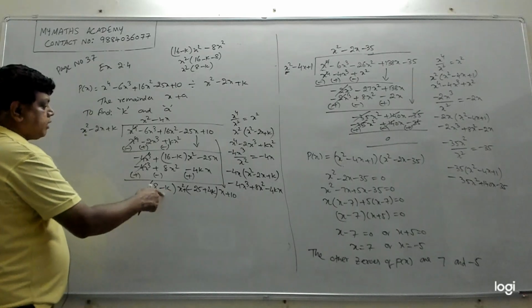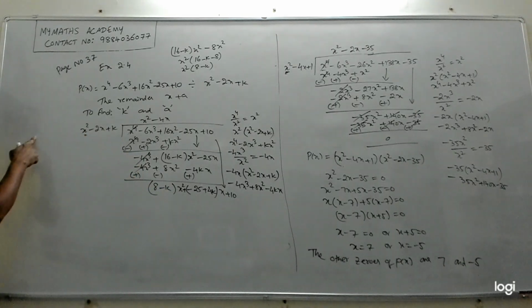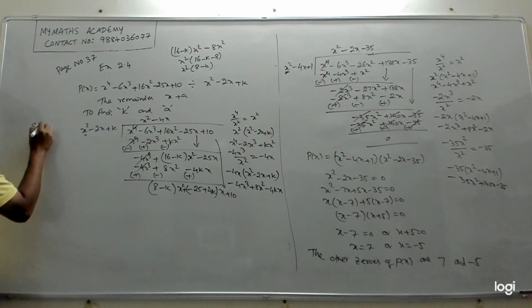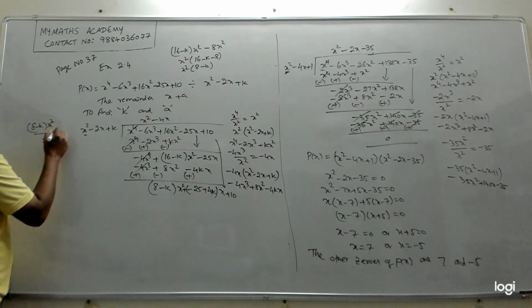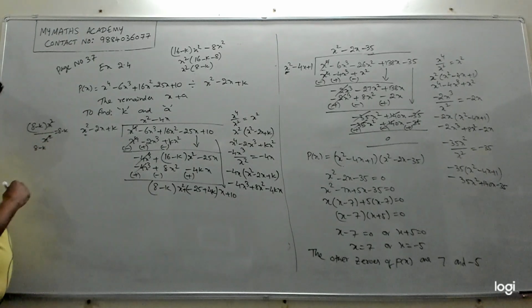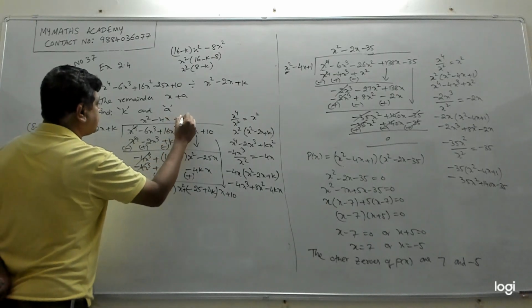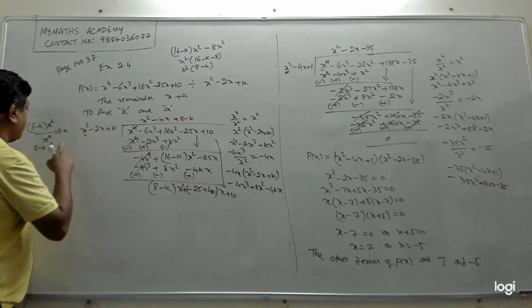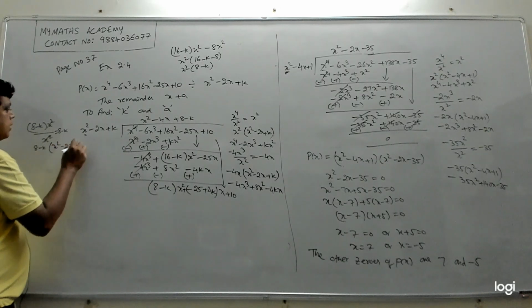Now again we have to divide this by this. I will do that here. So 8 minus k into x square by x square will give me 8 minus k. Now 8 minus k should be multiplied with, so we'll put the 8 minus k here, plus 8 minus k. Now 8 minus k into this whole thing, x square minus 2x plus k.